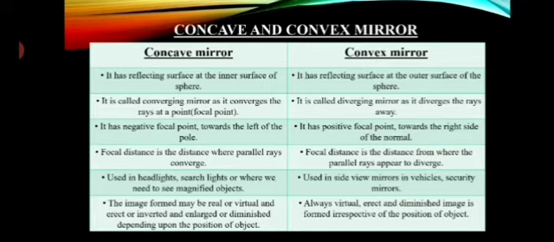In the concave mirror, as the inner surface is reflecting, the object will be placed towards the left side, and the focal point is towards the left side of the pole, which is negative, whereas in the convex mirror the focal point is towards the right side of the pole.